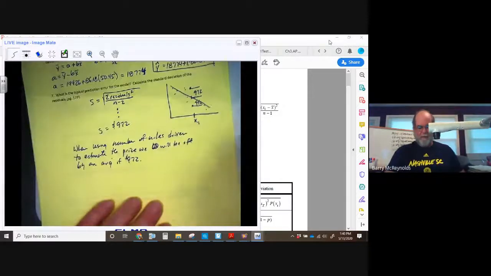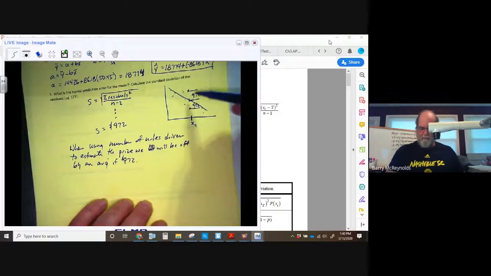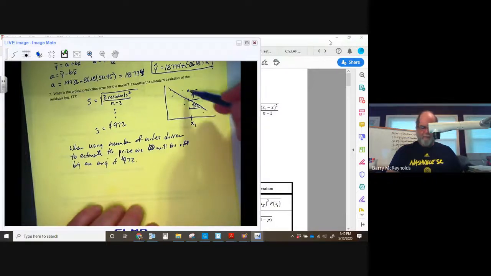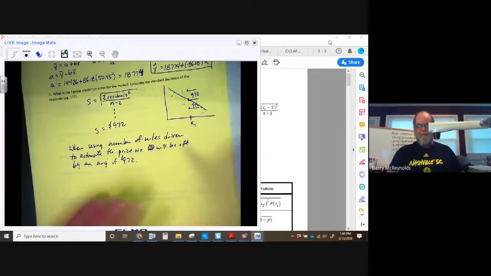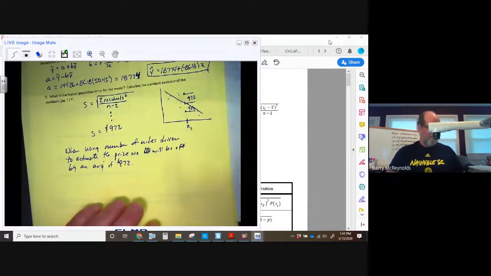Okay, and so this prediction error again is similar to a confidence interval around this particular value. And so any price between here and here, we would say, is a plausible or reasonable price for that number of miles driven. Okay.